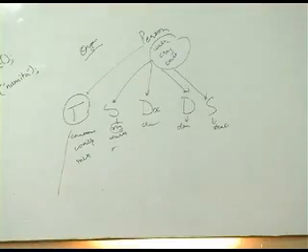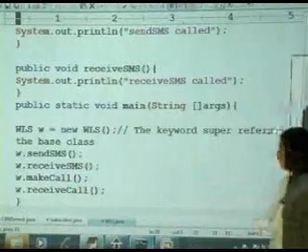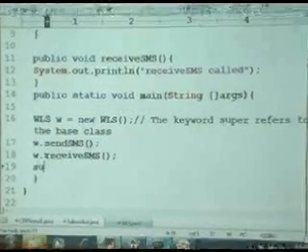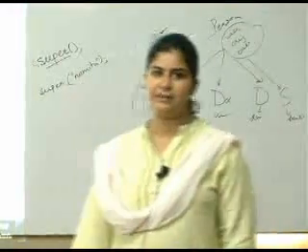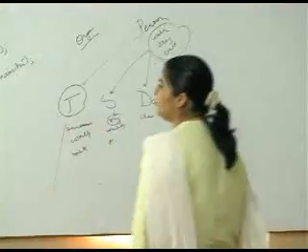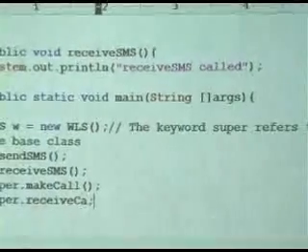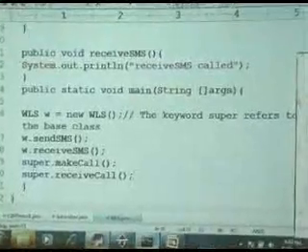Instead of saying w dot make call and w dot receive call, I will delete these two, and instead of w I will say super dot make call. It's one and the same thing. Instead of using your subscriber reference variable, I am using my super reference variable. Super is nothing but pointing to my subscriber only. Do receive call also. Now save this and compile it.